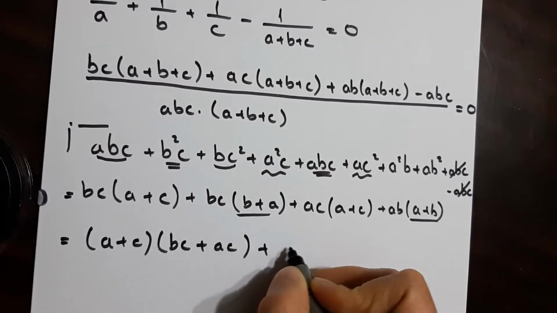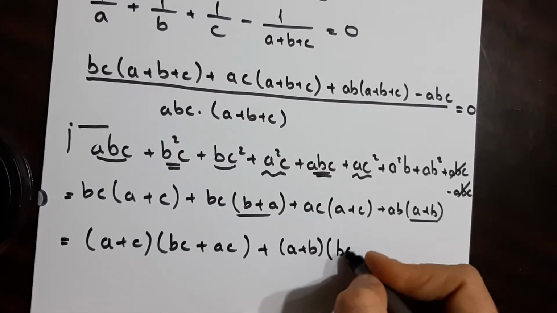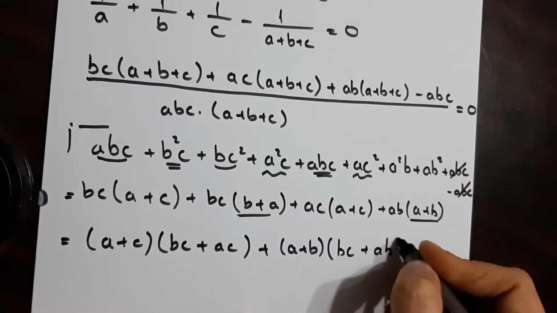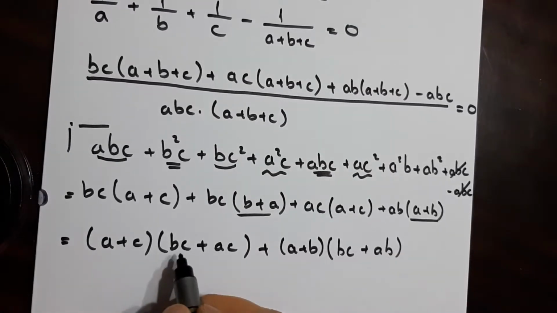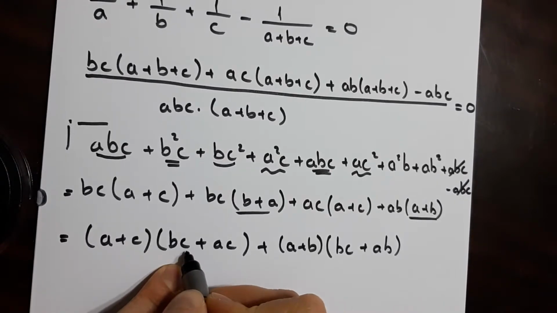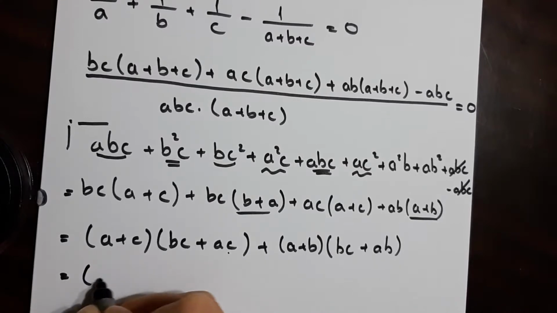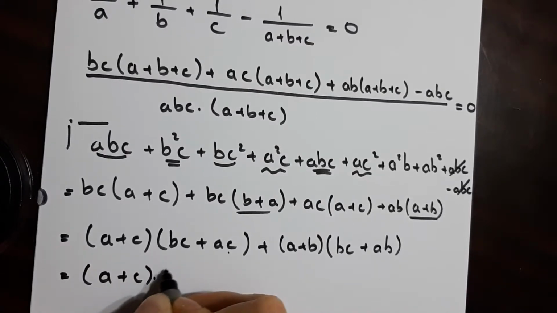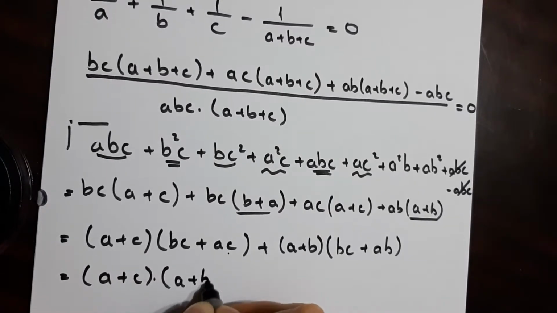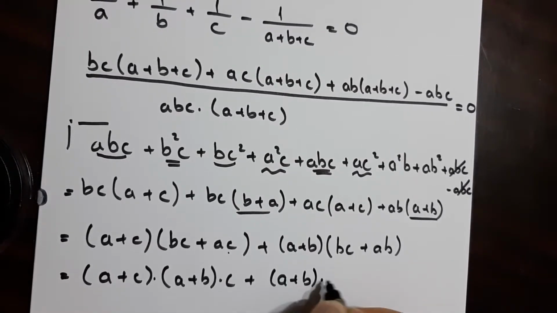From here I will take ab in front of the parentheses, and it will be bc plus ab from here. Inside the parenthesis here I have c in common, so if I will take c out of the parenthesis, I will get a plus c times a plus b times c plus here a plus b I have, and the common term in the parenthesis is b.